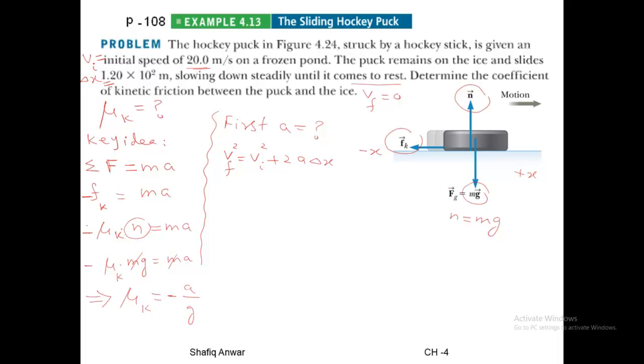Now this final velocity is 0, you see here. Vi, delta x, how much? 1.2 times 10 raised to power 2. If you take this on the other side, it will become minus 20 square.